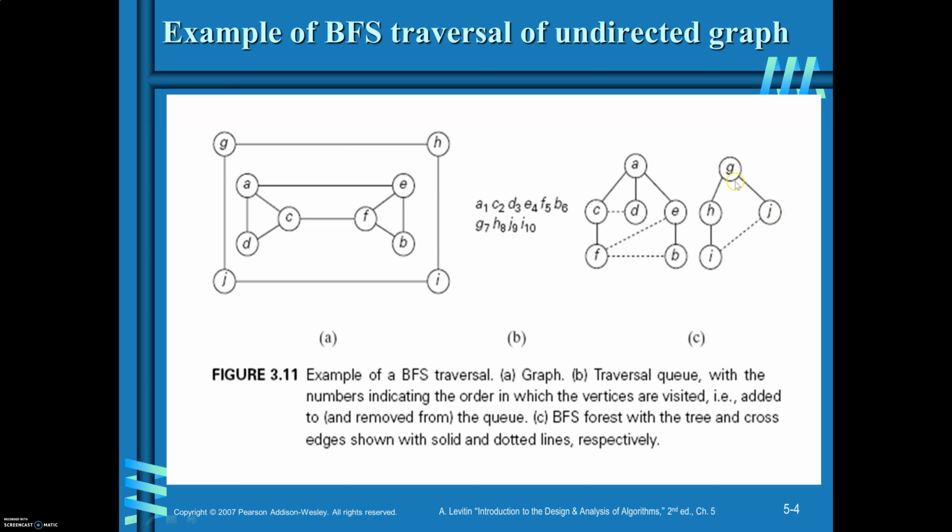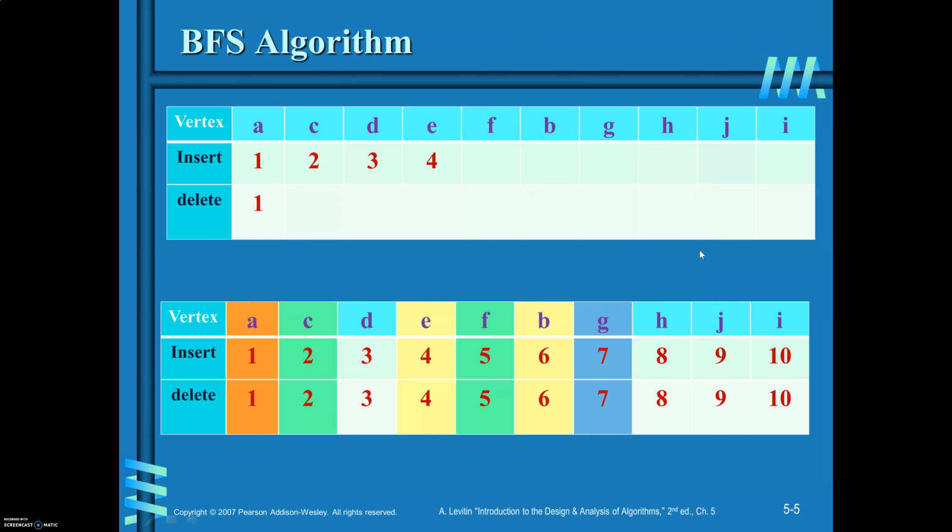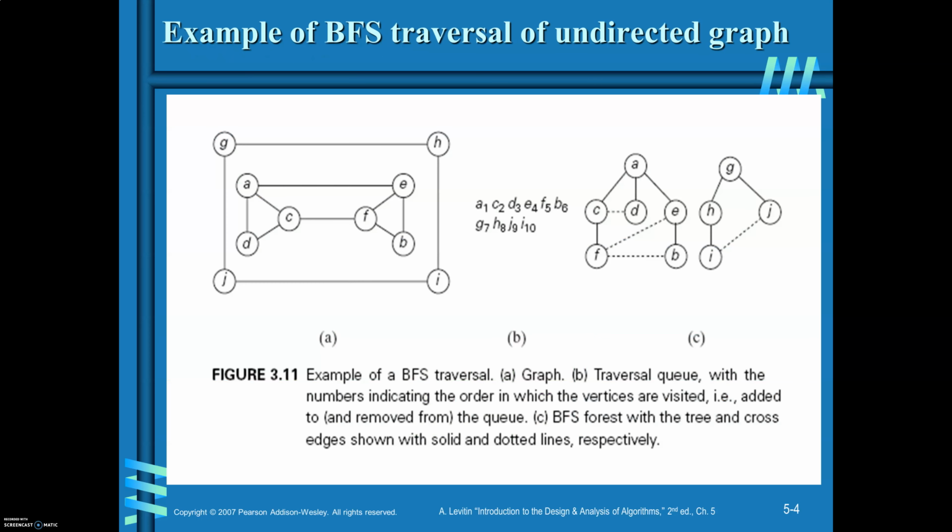Then delete G. Now when you delete G, in front H will be there. For H, already J is explored. The only one which is left out is I. So include or push that into the queue. So this is how the traversal looks like.